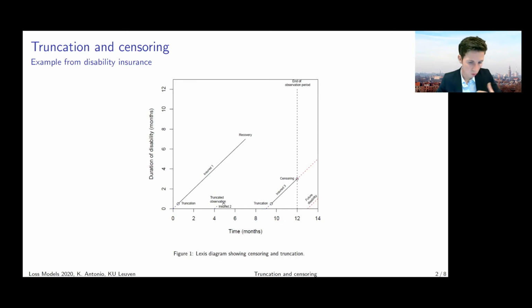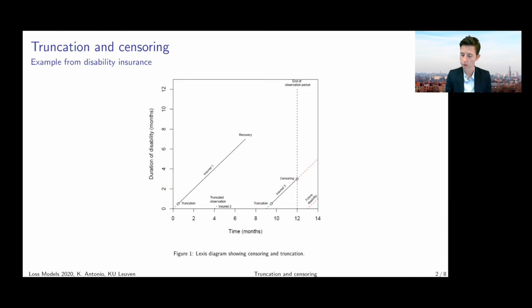So that means this insured is very lucky and can get back to work before the end of this waiting period. And in the case of insured 3, we see that he or she is still disabled at the present moment. And the present moment is indicated here with this broken line. So that's the end of my observation period.